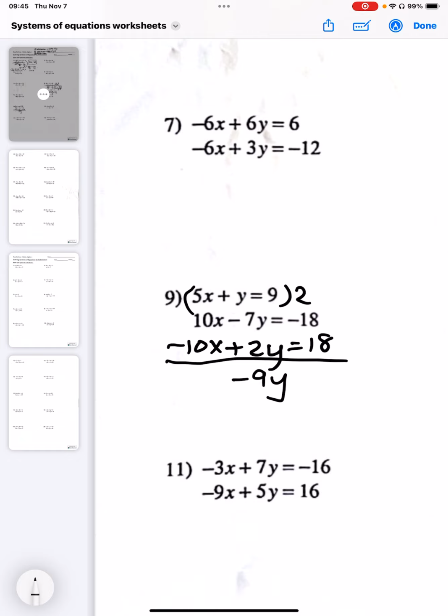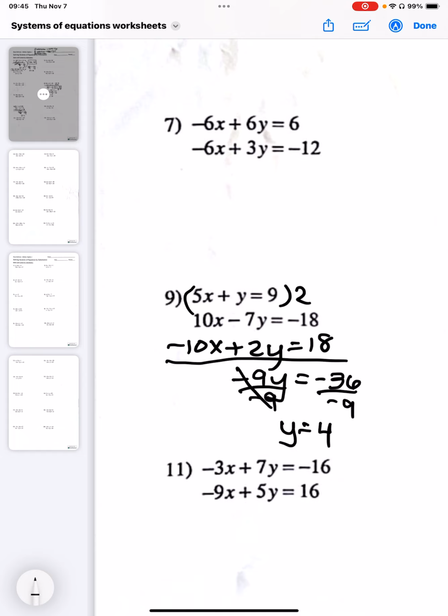We get negative 18 minus 18 is going to give us negative 36. We divide by negative 9, negative 36 over negative 9, and we get y is equal to 4.